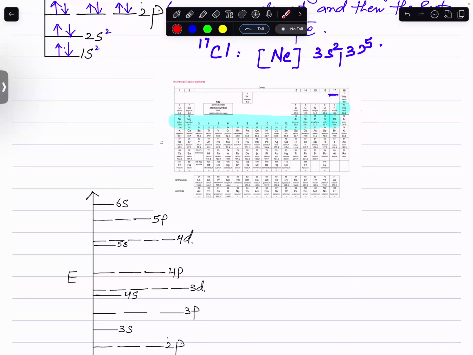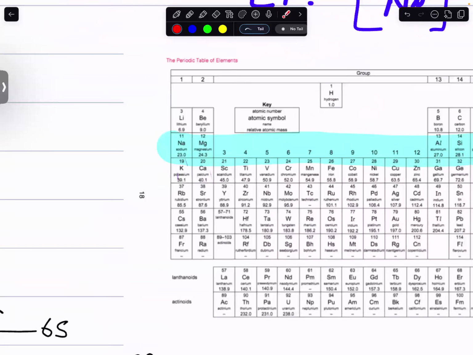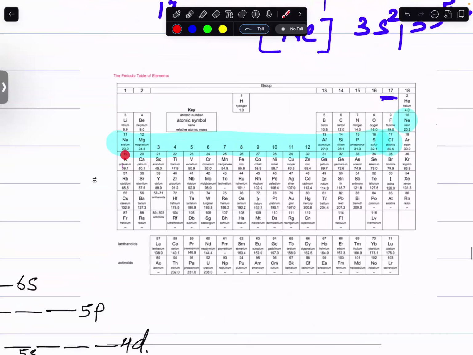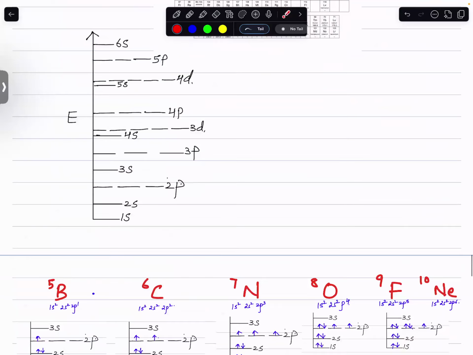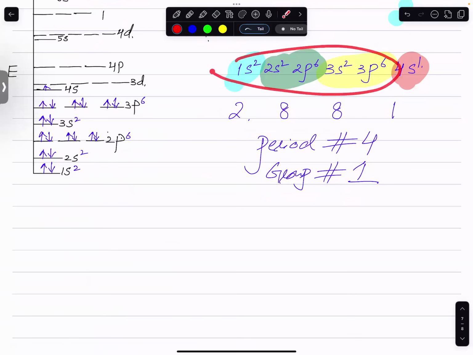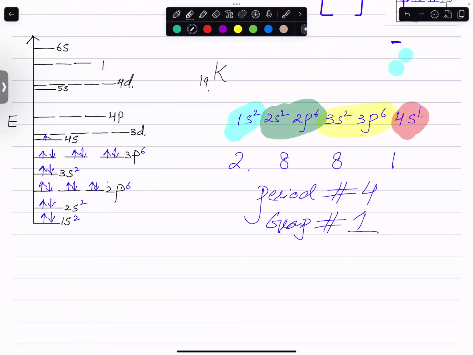Right. And before potassium, which group 0 is there? Before 19, the 18 is argon. So what is the shorthand electronic configuration?